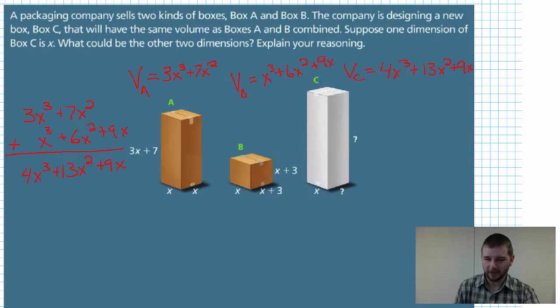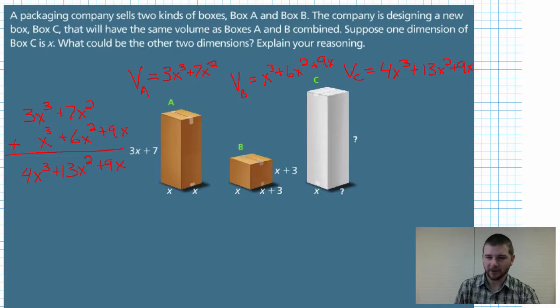So our next goal is to determine what dimensions can replace the question marks here to represent box C, and keep in mind these values, when multiplied by one another and also by x, need to equal our trinomial, representing the volume of box C. Now, one thing to note, we already know one of the dimensions is x.